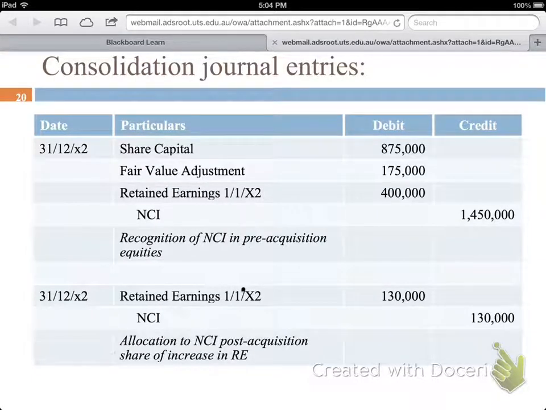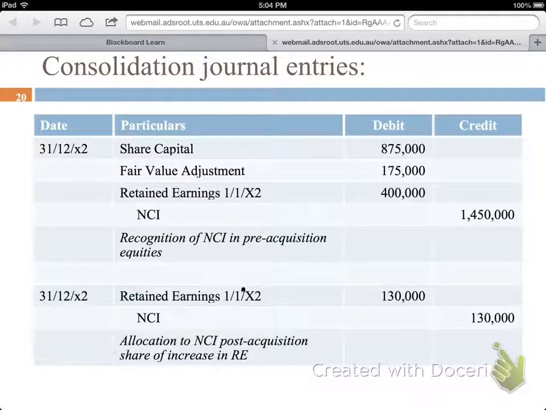This is where we're finding the new entries. So note so far what's new from last week is we had to adjust the dividend adjustment, multiply by 75%, and adjust the pre-acquisition equity in the elimination entry, multiply by 75%. We have to do additional entries as well. So what we have to do now is record the amount for non-controlling interest.